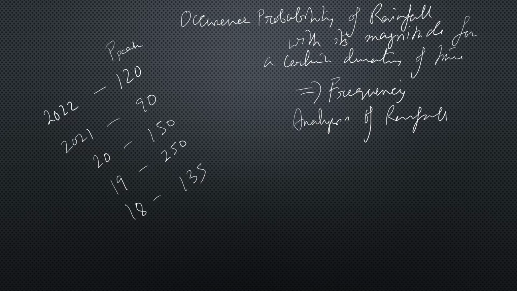Now if you are asked to find the frequency analysis of rainfall for the last 5 years from this given data, what will you do? Here you will apply a plotting position formula. What is that plotting position formula? Here I will apply Weibull's formula.